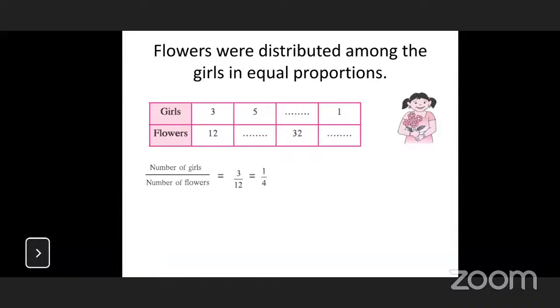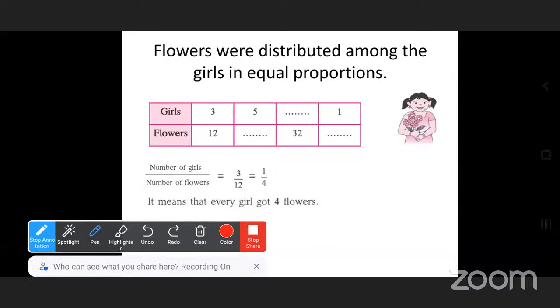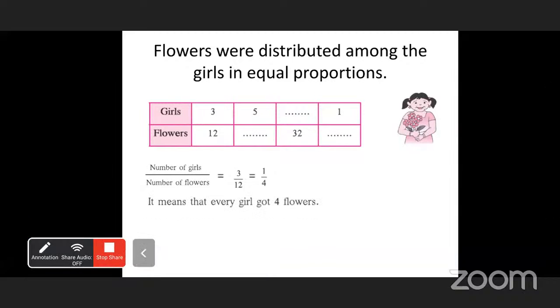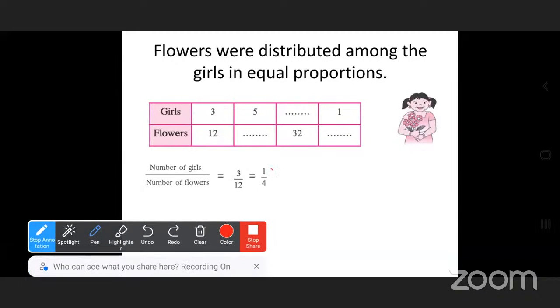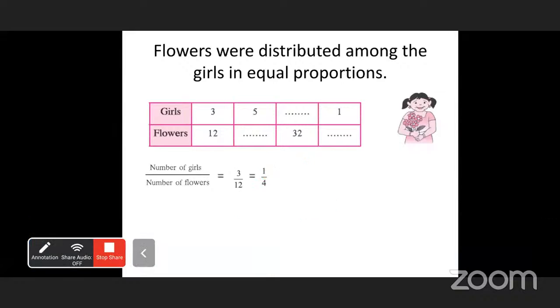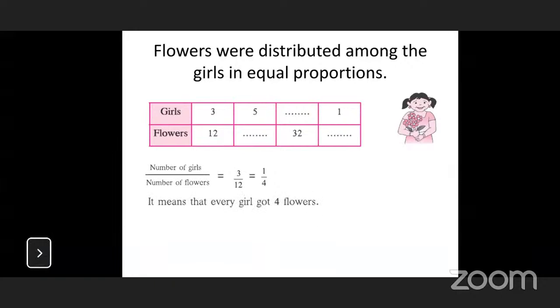So what does this 1 by 4 mean? 1 means the number of girls, which is written in the numerator. So for 1 girl, how many flowers will be distributed? 4 flowers. So 1 by 4 here means that each girl will get 4 flowers.